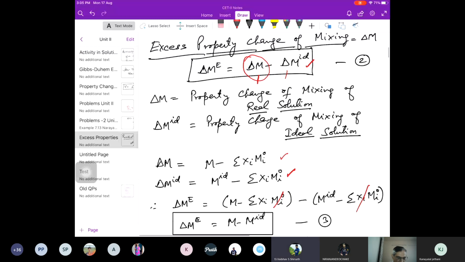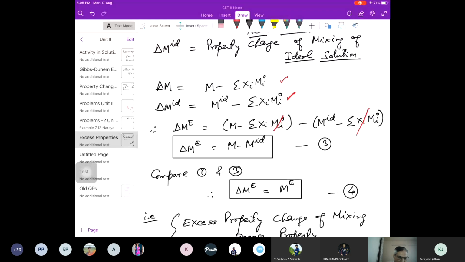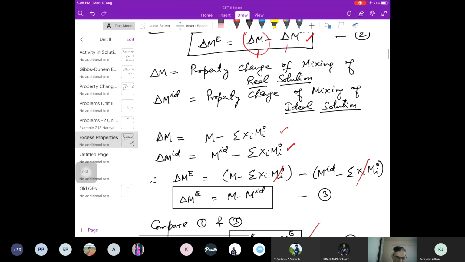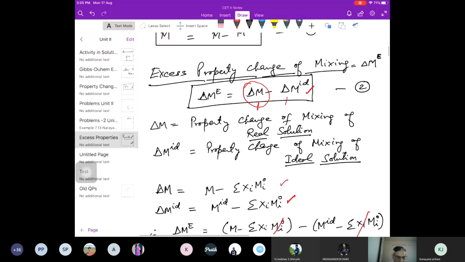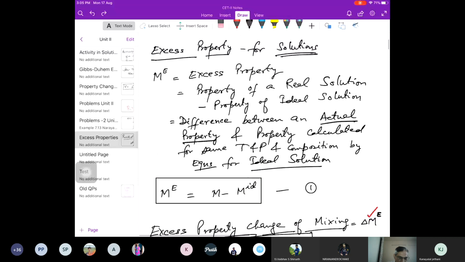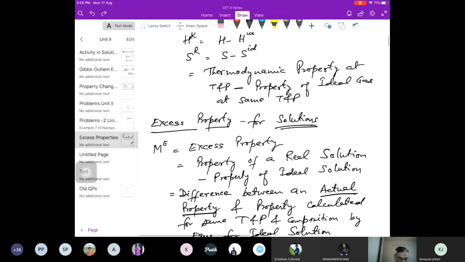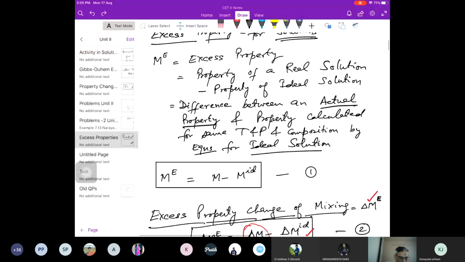So now we have just proved, yes, that delta ME is nothing but ME by definition. जो हमने डिफाइन किया था ऊपर, excess property is nothing but delta ME. यानी property change of mixing, excess property change of mixing, this ME, this one is nothing but what we defined here, ये वाला.